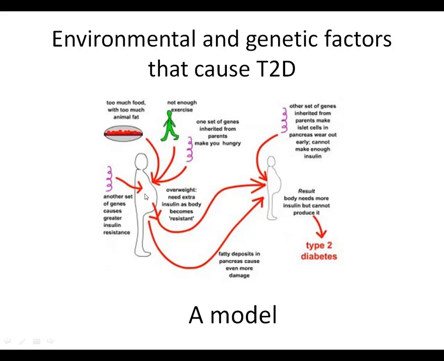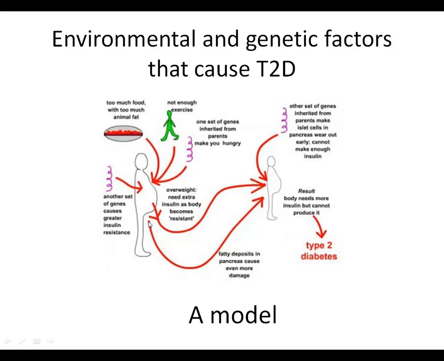So as a result of insulin resistance, if you have the right genes, then the insulin resistance starts to wear out the pancreatic cells, so they're pumping out more insulin, and that starts to cause problems with them.